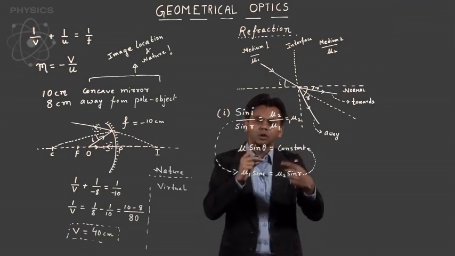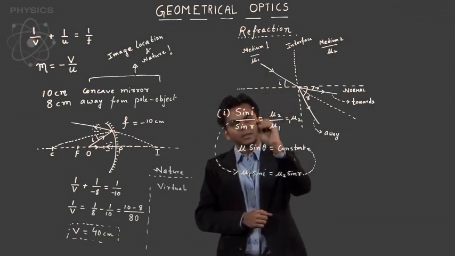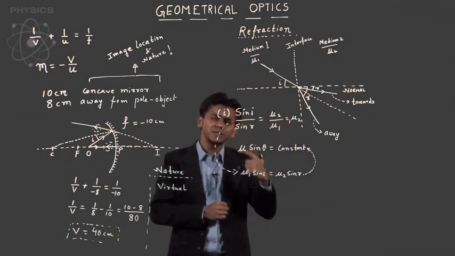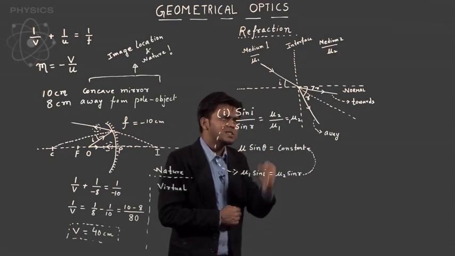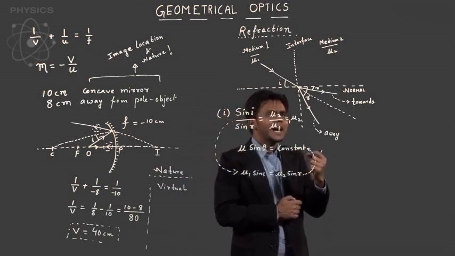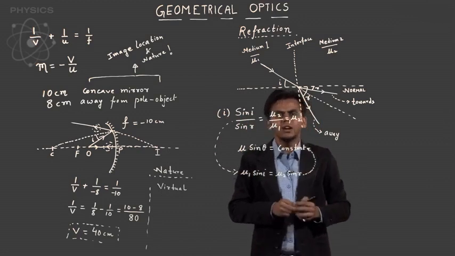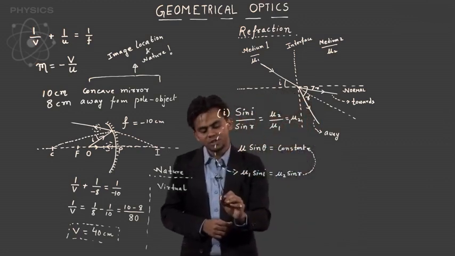Now I have found out what would be the value of r dependent on I and mu values. But as we have studied with reflection, for the same value of r, I can draw an infinite number of rays. So the second law puts a restriction on it.